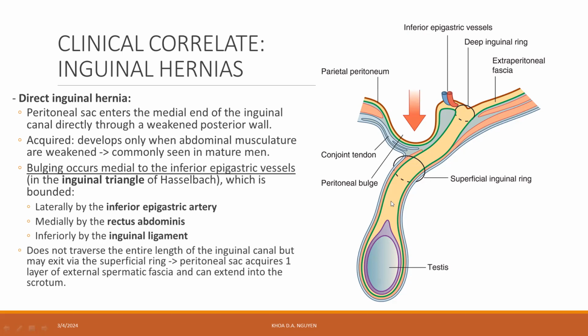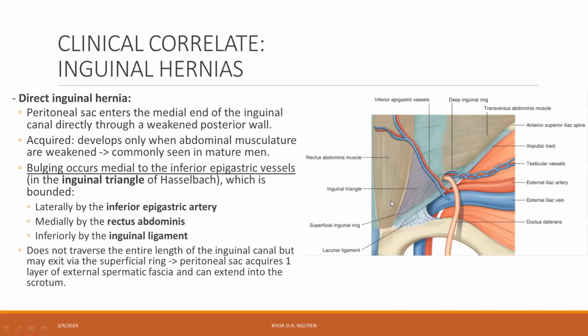All right. And now we will see that if you look at the anterior abdominal wall, from the posterior to anterior, this is what you will see. These are the inferior epigastric vessels. The red one is the artery, the blue one's the vein. This is the rectus abdominis muscle. And this is the lateral border of the rectus abdominis.